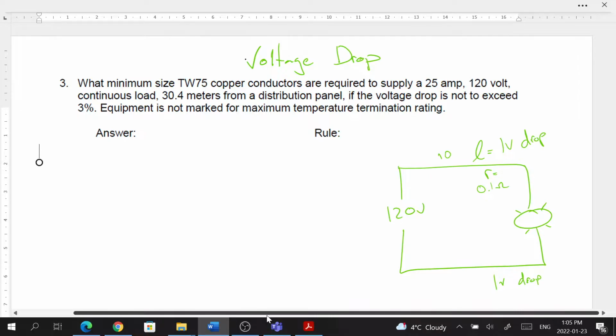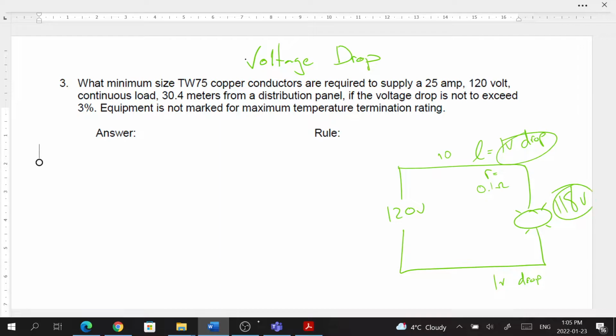So if we got 1 volt drop there and another volt drop coming back, we actually only have 118 volts at the source, because our voltage drop on our conductor plus our voltage drop on the load, the voltage drop on that conductor, need to equate to our voltage source.